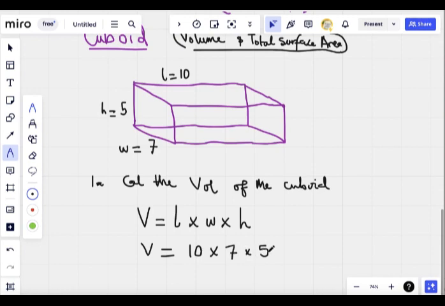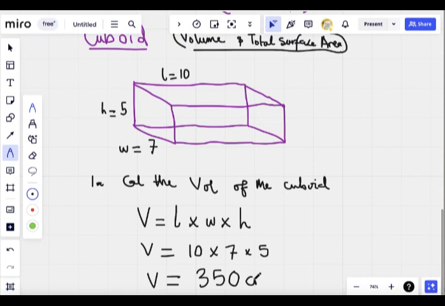7 times 5 we get 35, right? So 35 times 10 we get 350. So our volume will be equal to 350 centimeter cube, if the units are in centimeter.